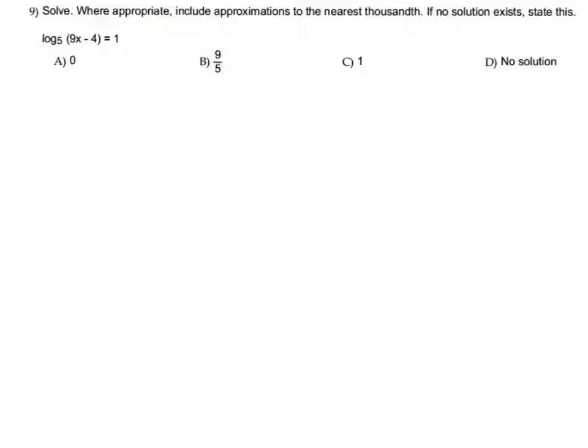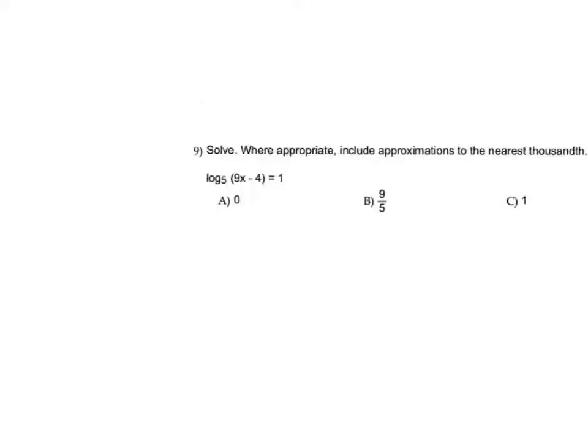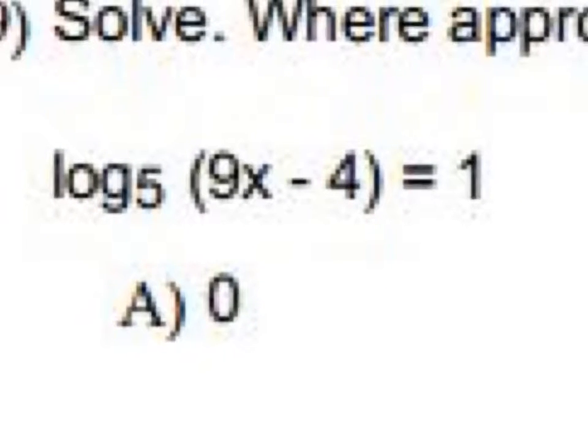I need to point something out first. Take a look at that 5. That 5 is not as tall as the top of the G, but it's close, but it isn't. It's also not the same size as this 9x minus 4, so this is not 5 times 9x minus 4. This 5 goes all the way down into the lower part of the log.